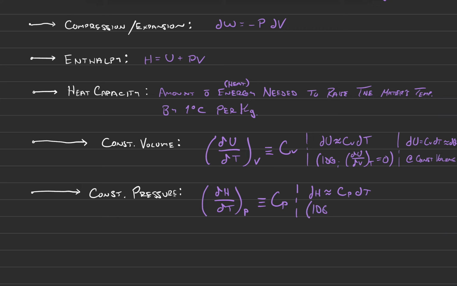And in particular, it's true if it's an ideal gas, or any time where the partial derivative of enthalpy with respect to pressure at constant temperature is 0, or when the pressure is constant, right? And that, again, is going to be equal to dq, or approximately at least equal to dq when the pressure is constant.